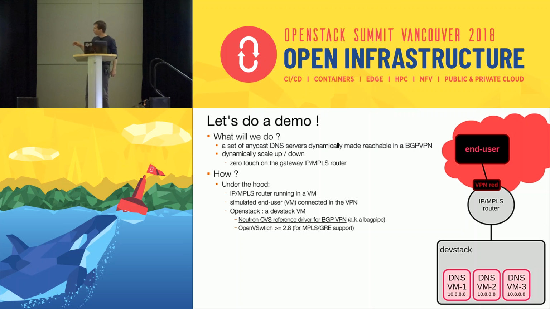So under the hood for this demo, we have an IP MPLS router running in a VM. We have a simulated end user, which is just a basic VM connected in the VPN. And for OpenStack, we are using a DevStack VM, using the Neutron OVS reference drivers for BGP VPN, using a component named Bagpipe, which is also developed inside OpenStack.